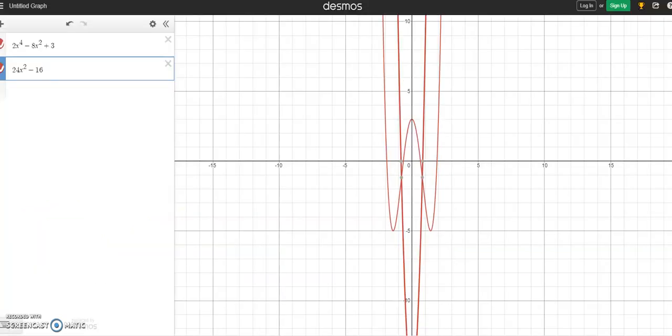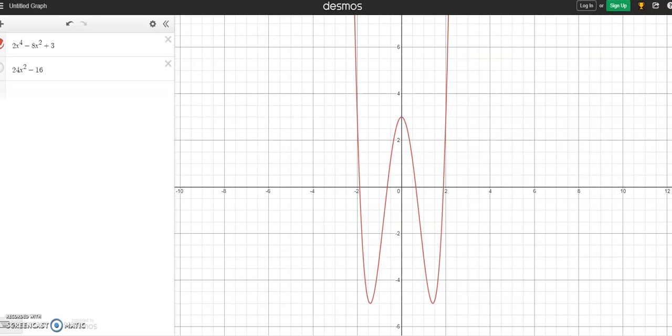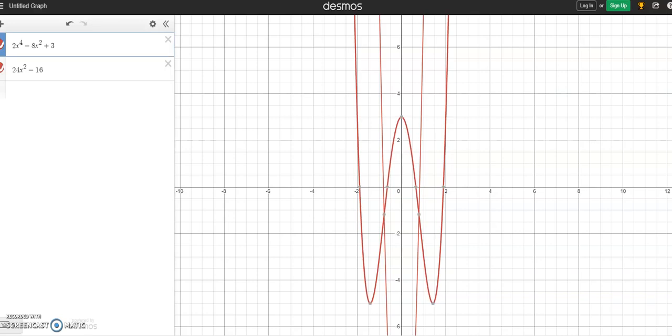In fact, here's what the graphs look like. Turn that one off. Here's what the original graph looks like, and you can see the point of concavity right around in here at negative 0.8 and 0.8. And then when we include, there's our second derivative, you can see at that point around where we said negative 0.8 and 0.8, that's where they cross over.